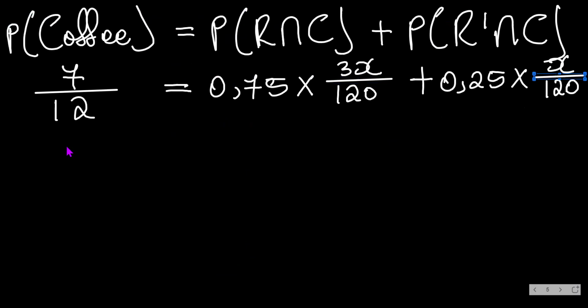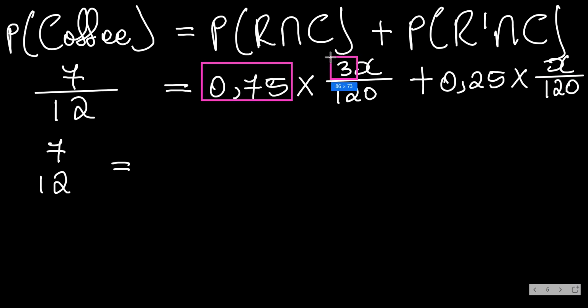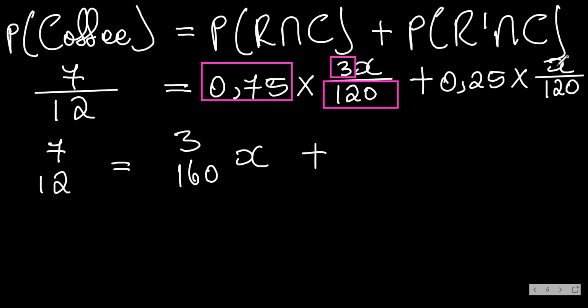Then let's simplify the right-hand side. We still have 7 over 12 here. Go to your calculator and say 0.75 multiplied by 3 divided by 120. So when I go to mine, which was given to me back in 2019, I get 3 over 160, and then I say x.